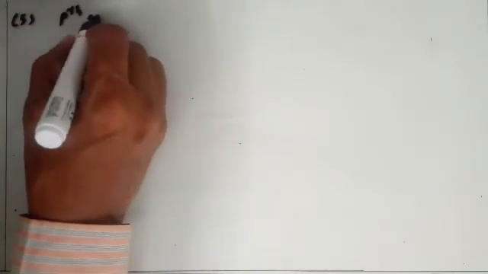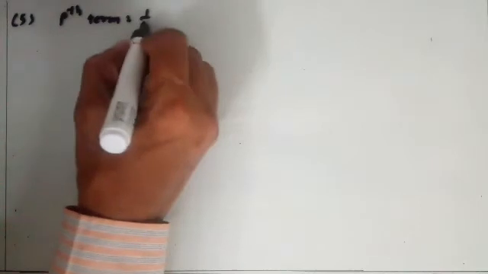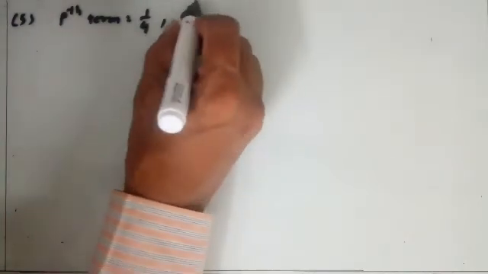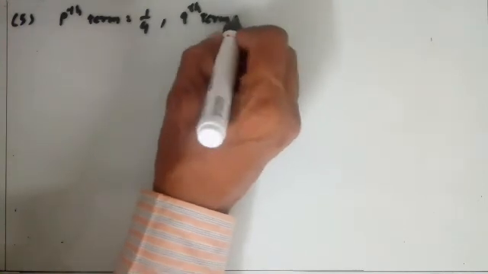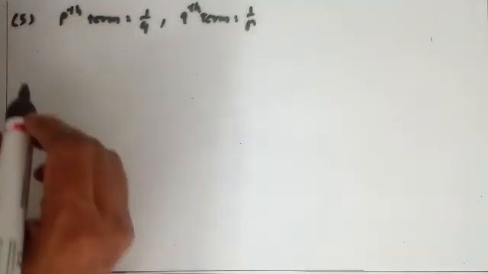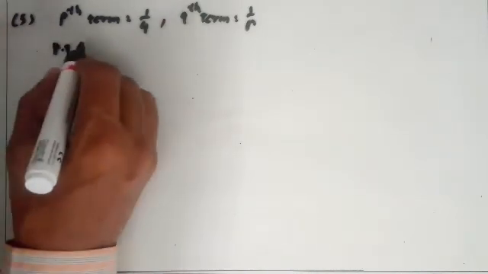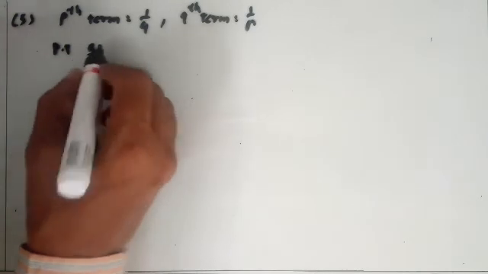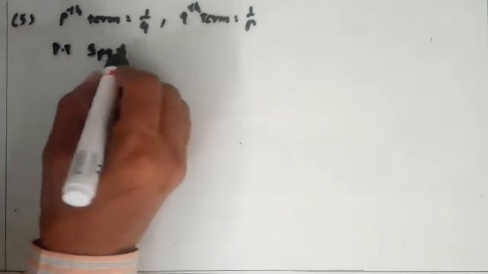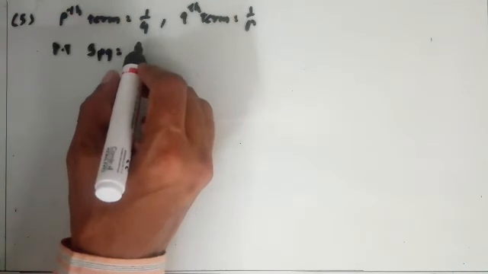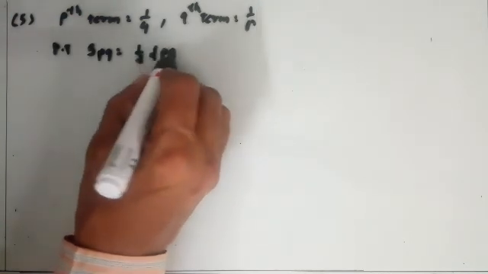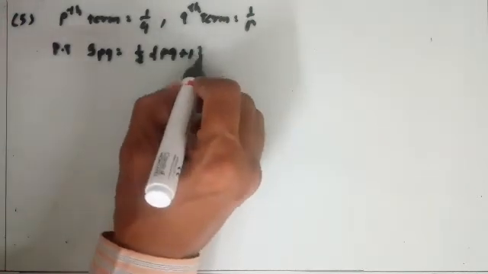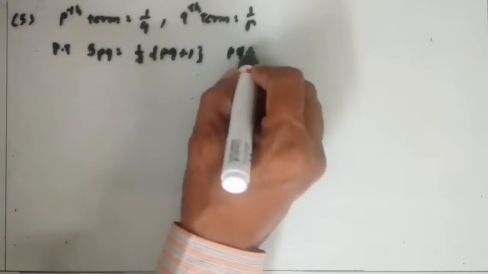Now next question number 5. In an AP, if pth term is equal to 1 upon q, qth term is equal to 1 upon p, prove that the sum of first PQ terms, that is SPQ, is equal to 1 by 2 into PQ plus 1, where P not equal to Q. Condition given.